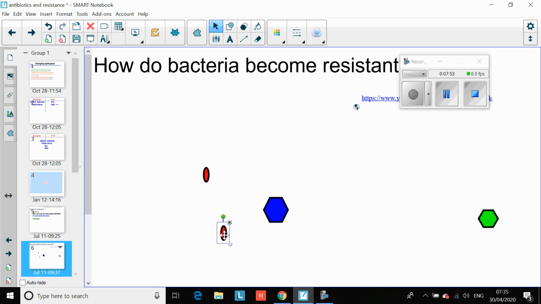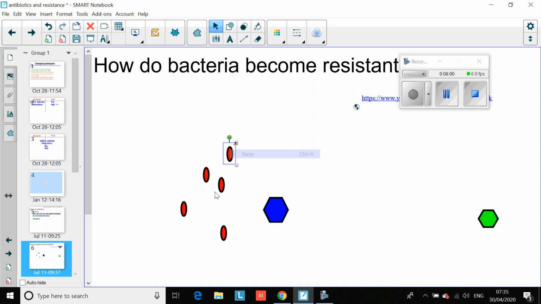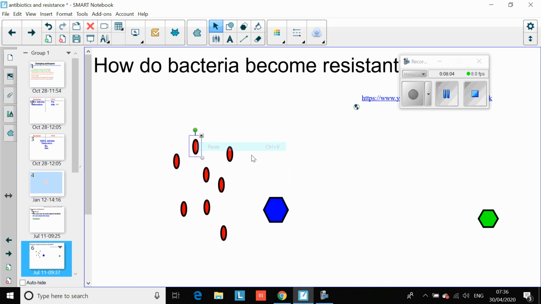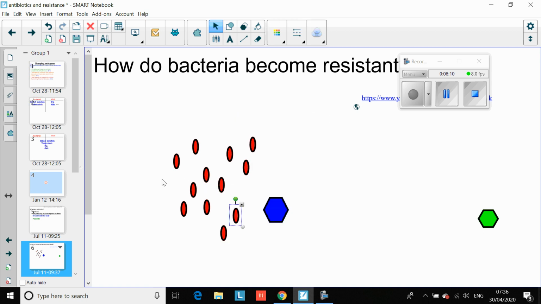So then they proliferate, and once again, within a matter of hours or days, what we have is a new, what we call superbug, a super bacteria, okay, which is resistant to this antibiotic and this antibiotic.